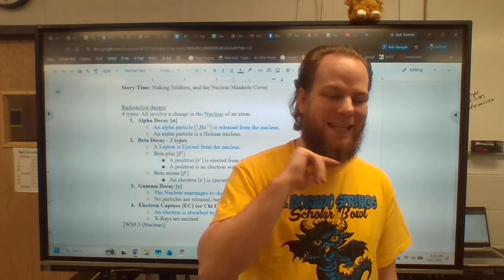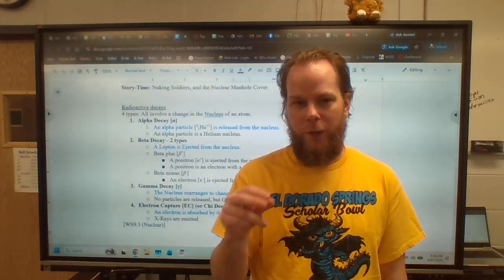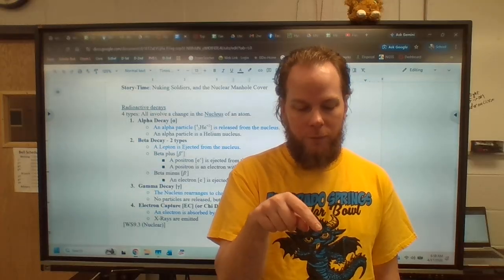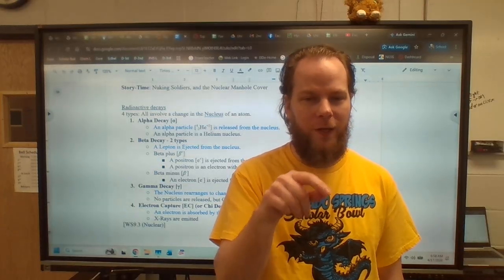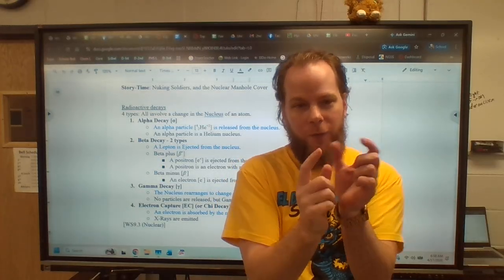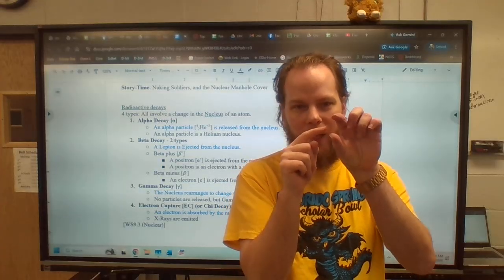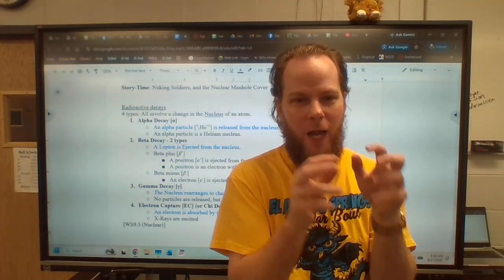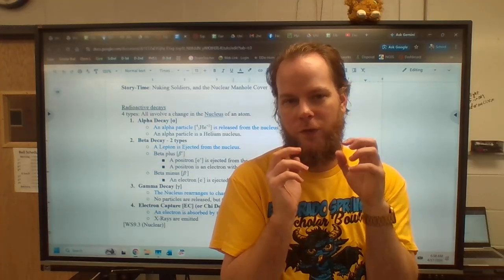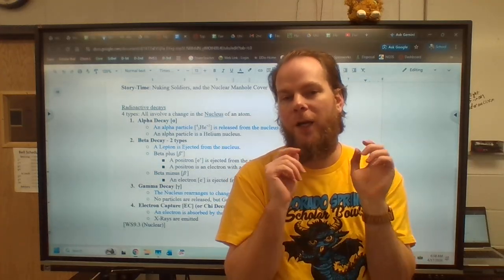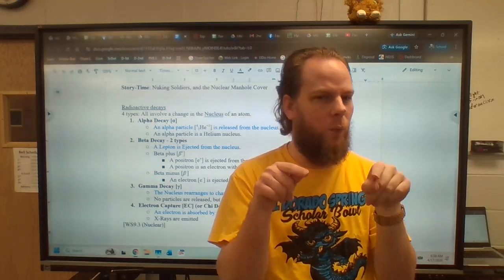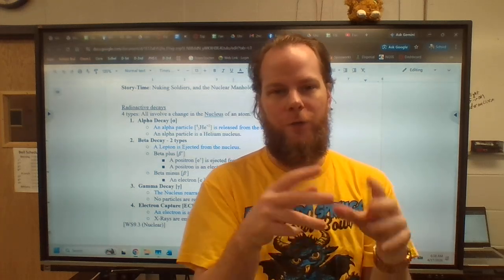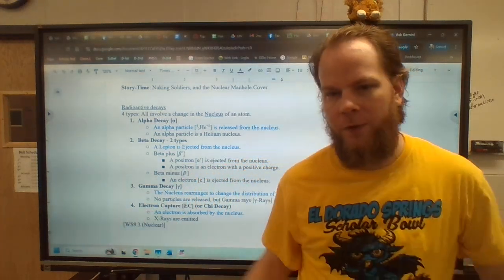So what that means is you end up with a proton that used to be a neutron. Well, if there were 3 protons around it, and now there's another proton right here in the middle, that area of the nucleus is extremely unstable, because it doesn't want that proton there. It's way too close to the other protons.